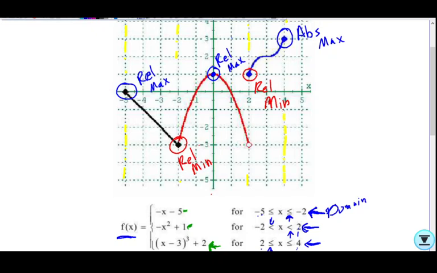Just this one. This one is also my absolute minimum. There's no minimum here. This is not a minimum, because it's an open circle, you cannot classify that as a minimum.